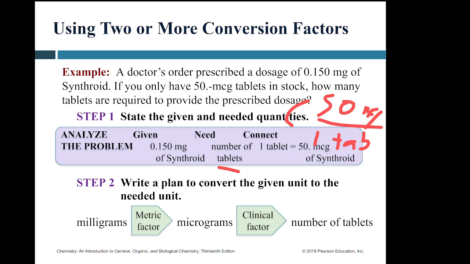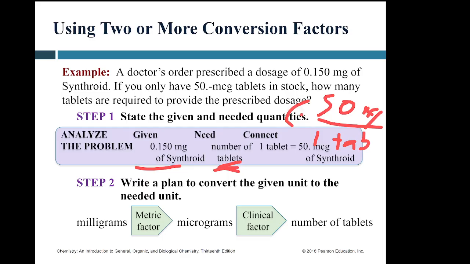Okay. So working it backwards, you start with, what do I need? Where do I want to end at? I want to end at tablets, don't I? So I have tablets right here. Well, what is related to tablets and is going to get me closer to what I have right now, which is a weight, a mass?